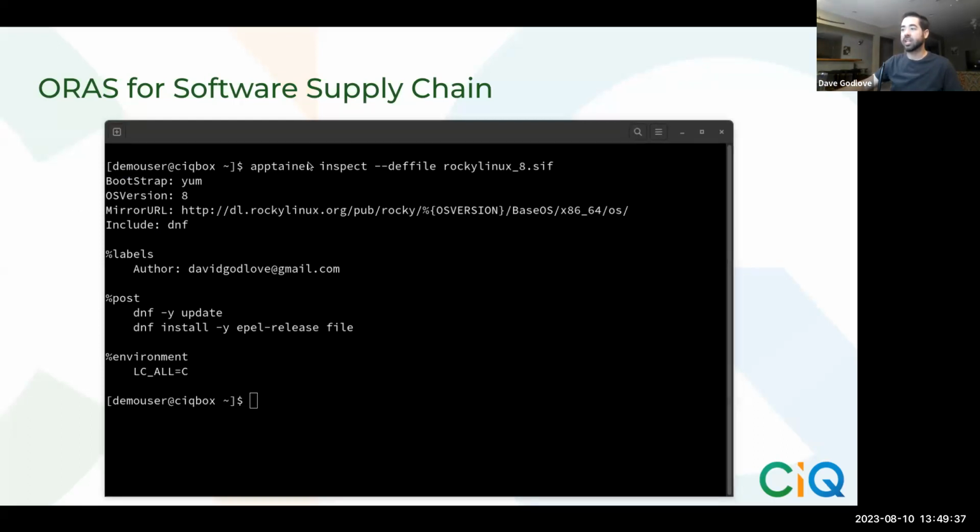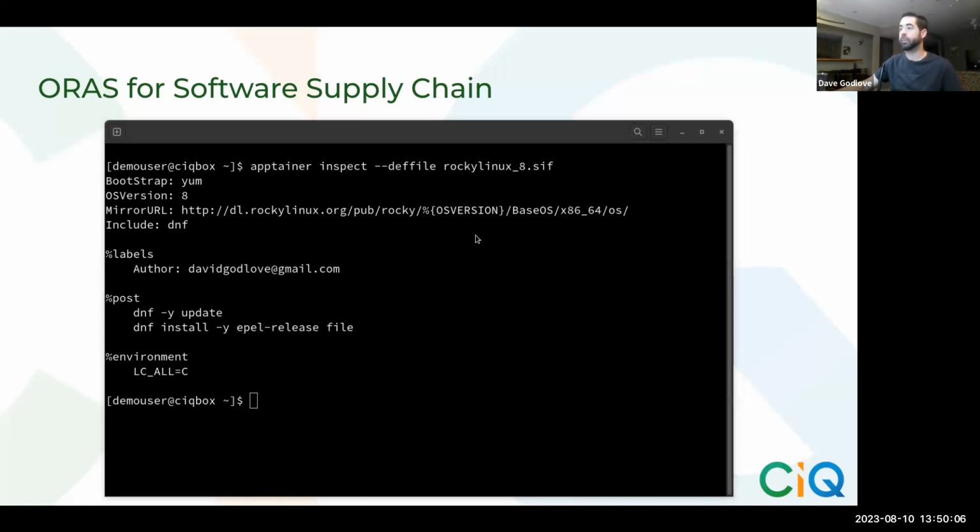Well, in this case, if you inspect the definition file, you can see that I built this container not from any other container, but from upstream mirrors. I built this container directly from the Rocky mirrors using Yum. And so, of course, I have to trust the mirrors when I build this container, but I would argue you have to trust the mirrors anyway, because you're running an operating system, and your operating system uses the mirrors to control its software.